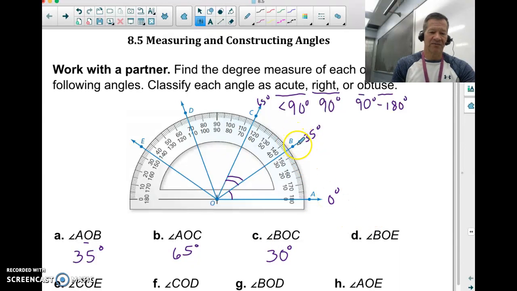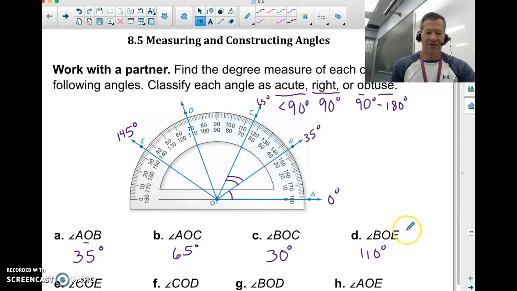BOE. E points way over here, and one more time, we're looking at the inside numbers. So E is pointing at 145 degrees. To find angle BOE, we're going from 35 all the way over to 145, which would give us 110 degrees.